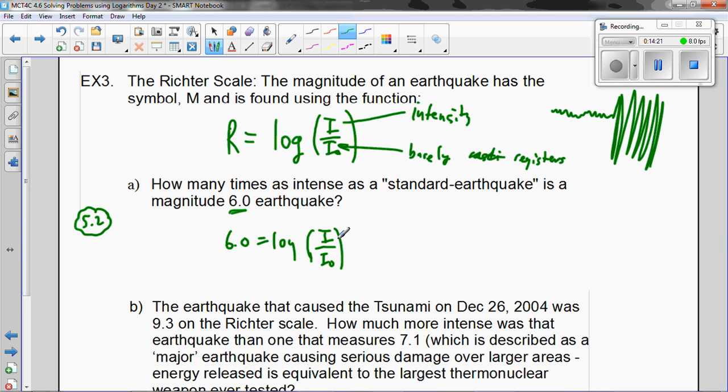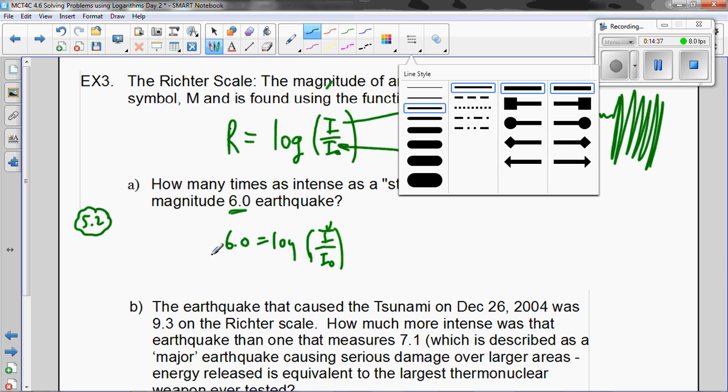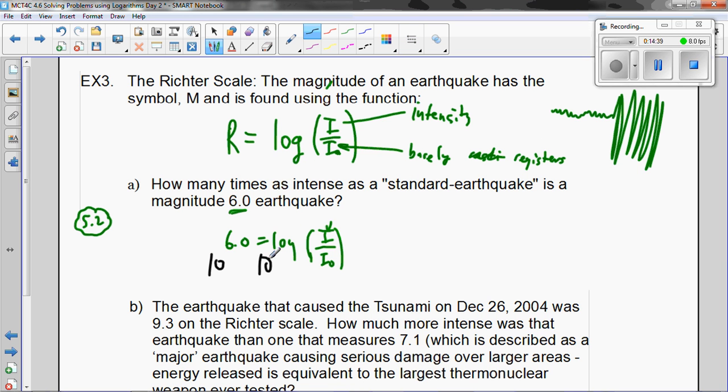All right. Well, if I want to figure out how many more intense this earthquake is, the one that we're interested in, than the standard or the barely registerable one, I've got to get rid of this log. So I go base 10 on both sides, right? Base 10 on both sides. That cancels, and then, running out of room here, 10 to the exponent 6 is I over I naught.